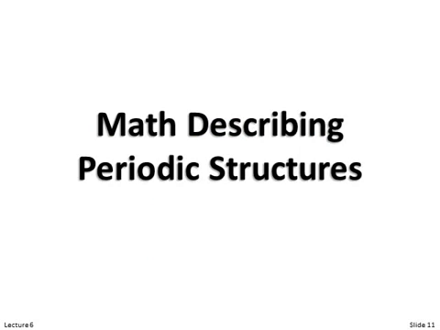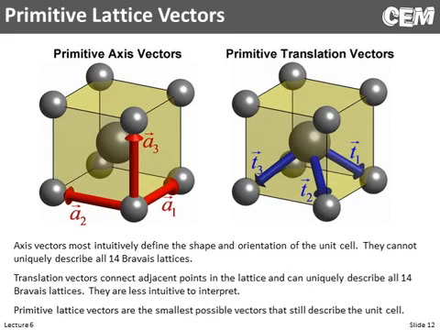Okay, so now we know a little bit more about what ways things can be periodic. Now let's start putting some math behind it. So there's a label called primitive lattice vectors, or just lattice vectors.